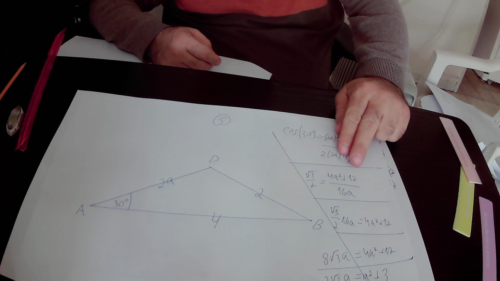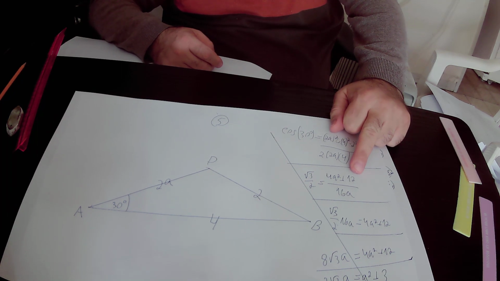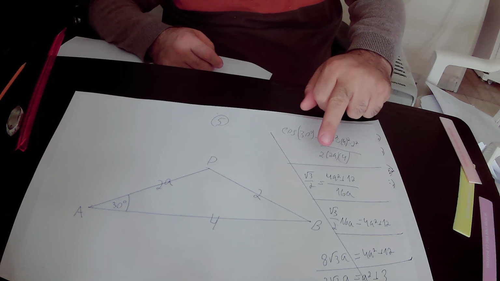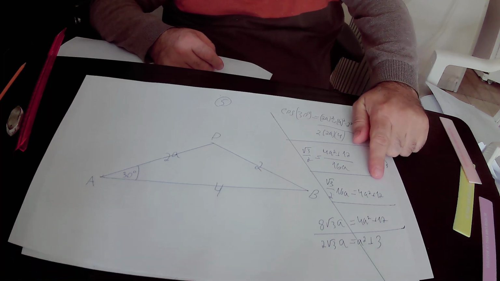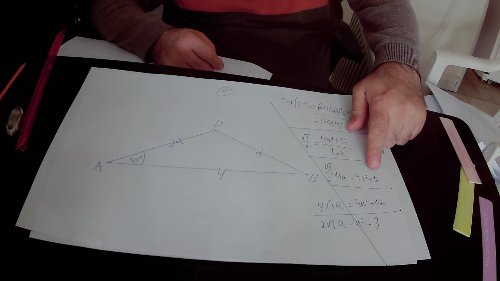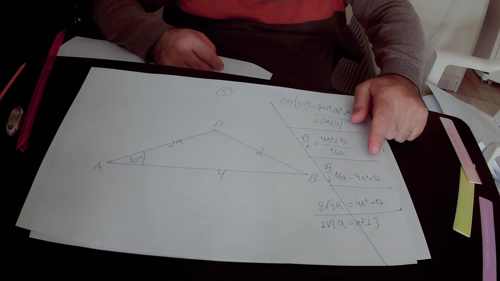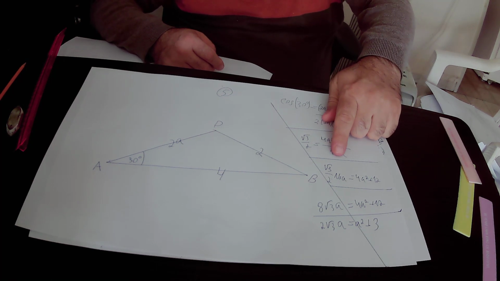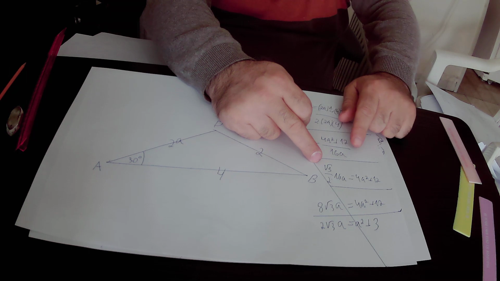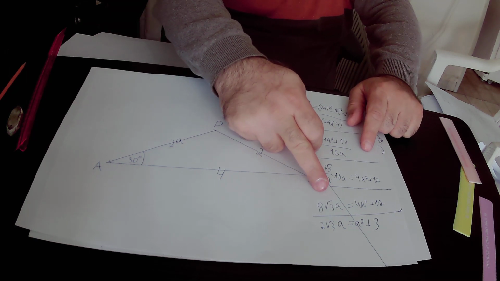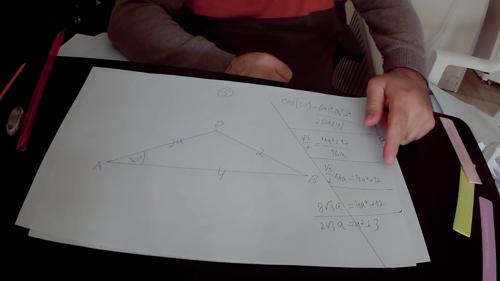Then we multiply this equation by 16A, and we got square root of 3 over 2 times 16A equals 4A squared plus 12. 16A over 2 is 8A, so on this side of the equation we have 8 times square root of 3 times A equals 4A squared plus 12.